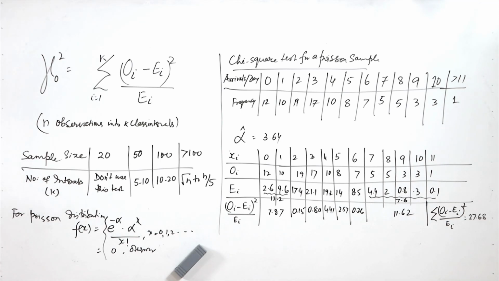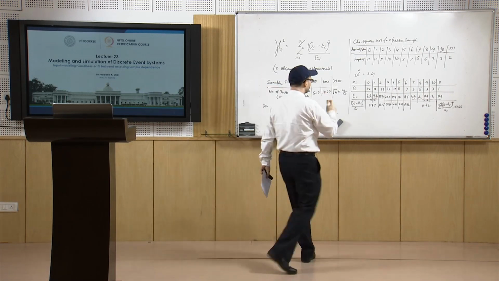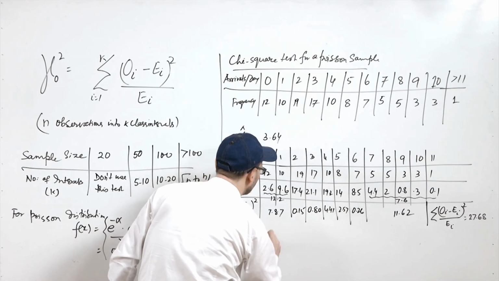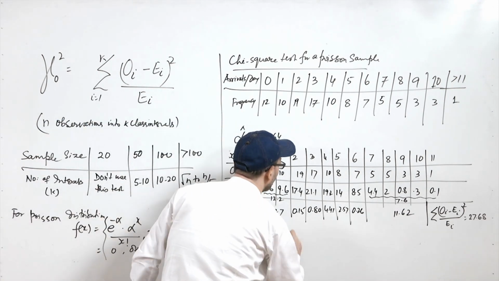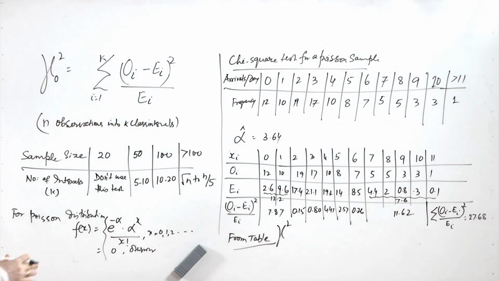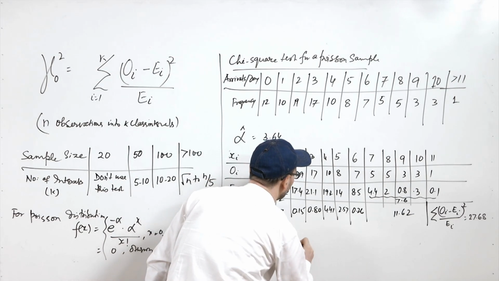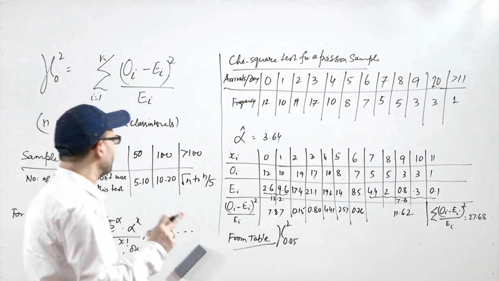Now, we have to see it from the table. That table was shown in the earlier lecture. Now, from the table you have to see the value, and if we take 0.05 level of significance and degree of freedom. Now, degree of freedom is k minus s minus 1.